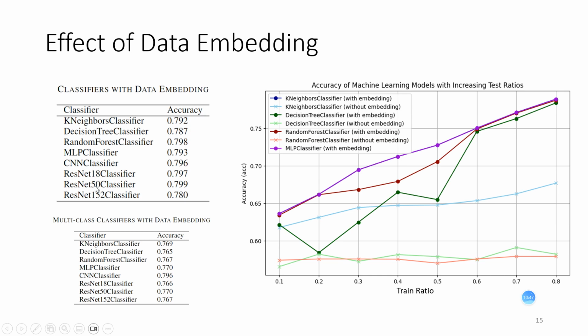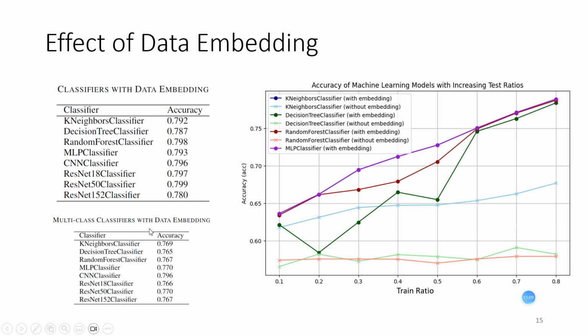Then ResNet 18, ResNet 50, and ResNet 155 also give us very good performance. The decision tree is 78%, random forest is about 80%, multi-layer perceptron more than 79%, and CNN classifier more than 79%.